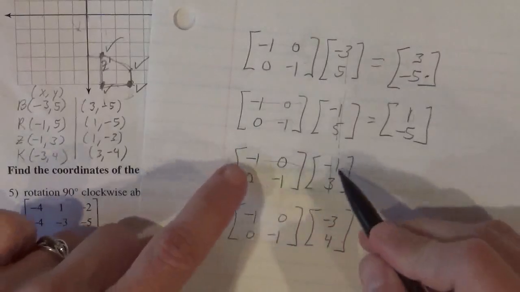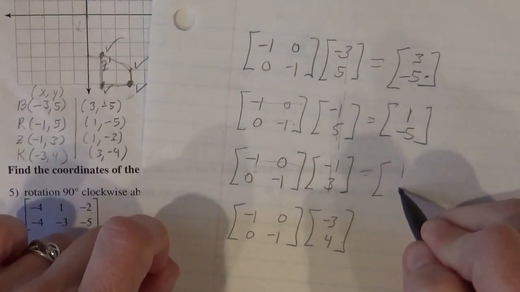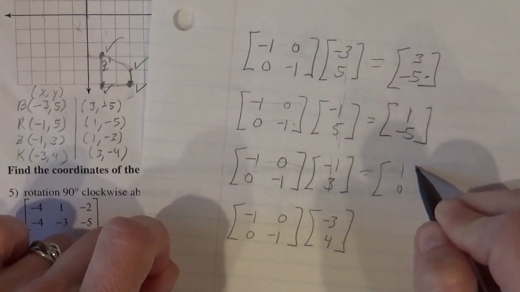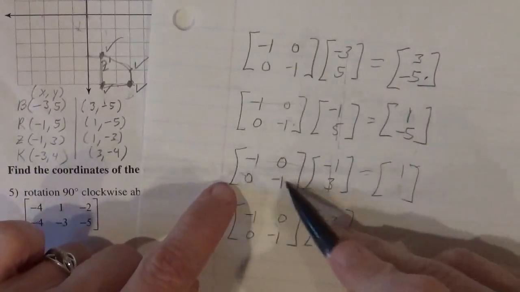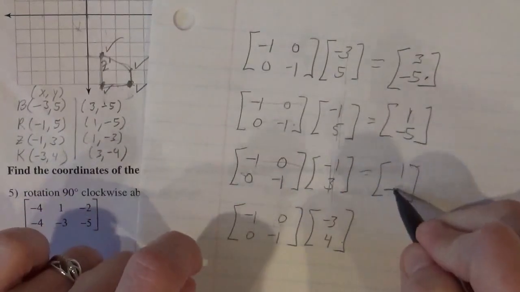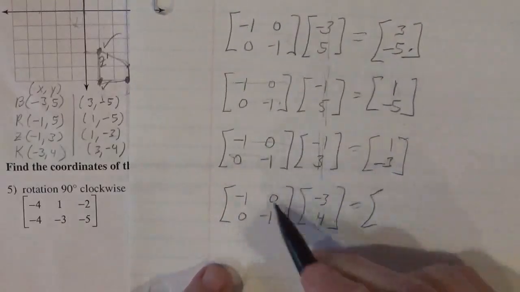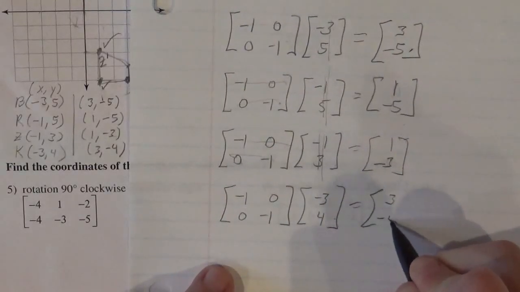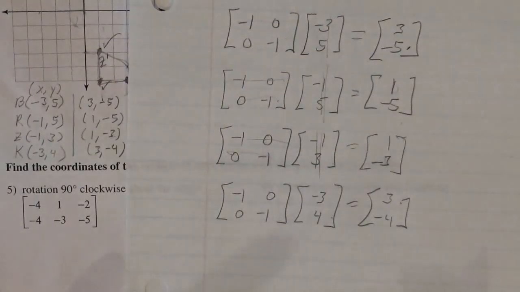And then 1 plus 0 is 1, and 0 minus 3 is minus 3. And we get the gist, right? This will be 3 and negative 4. So it just ended up changing the signs like we knew it would.